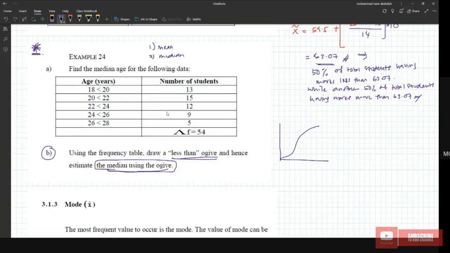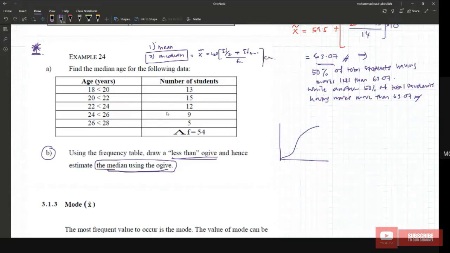The first, question A, you already found the median using the formula. For B, I don't want you to find the median using the formula. I want you to find the median using the graph.